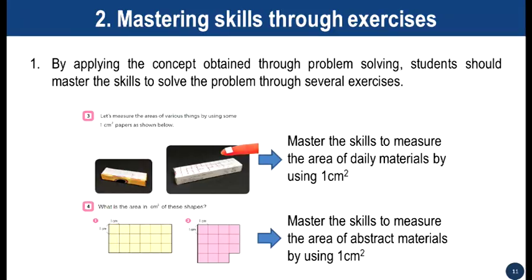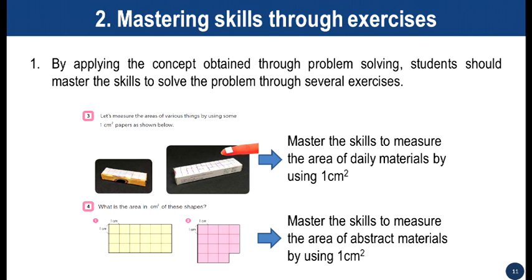Step 1. By applying the concept obtained through problem solving, students should master the skill to solve the problem through several exercises. Here is the example. Task 3 says, let's measure the area of various things by using some 1 square centimeter papers as shown below.